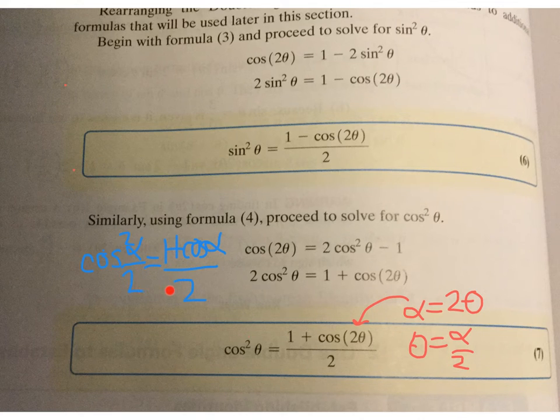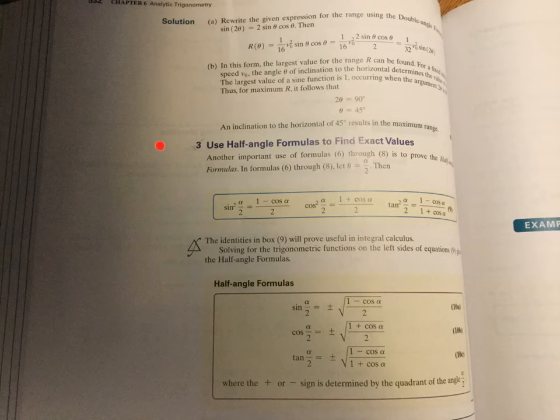Cosine squared alpha over 2 equals 1 plus cosine alpha all over 2. That's one of the other half-angle formulas. Now, skipping ahead a couple pages, here are the 2 formulas that we just derived. We're skipping the tangent one. These are the 2 half-angle formulas, typed out very nicely.